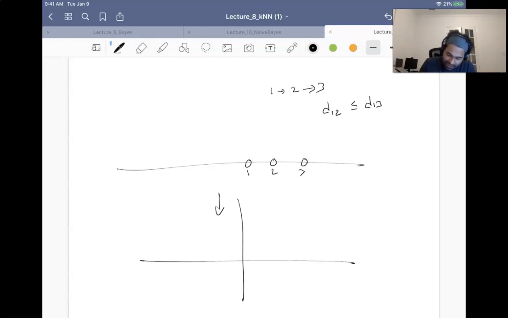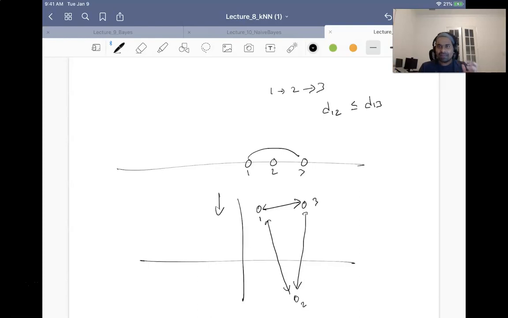My first dimension, my 1 comes over here, my 2 goes all the way down, and my 3 comes over here. Immediately, because I've added this random attribute, 1 and 3 are actually close by as compared to, say, 1 and 2, or 2 and 3, when really 1 and 3 are further away compared to 2 and 3. So this is the problem with random attributes.